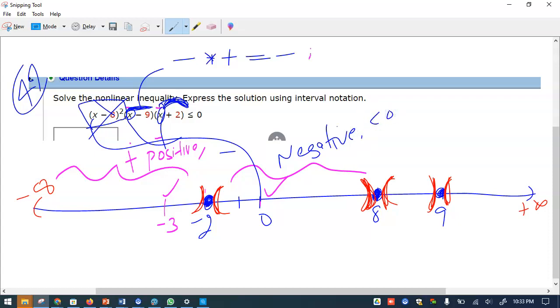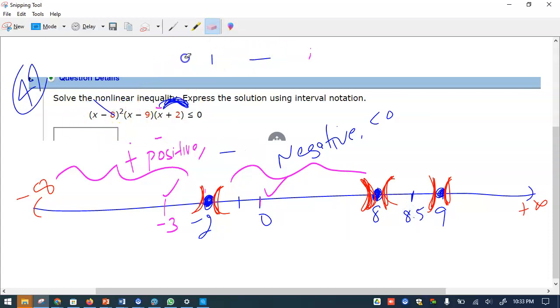And then what about between 8 and 9? Let's put 8.5. I'm going to take this off and put 8.5, and you can check it out. The square part doesn't matter. 8.5 minus 9 is going to be negative, and 8.5 plus 2 is going to be positive, so that's negative.